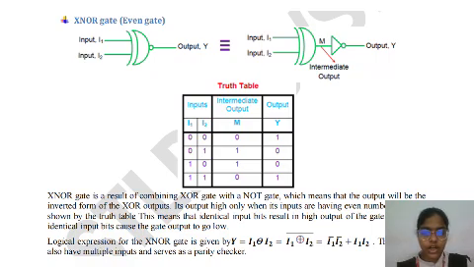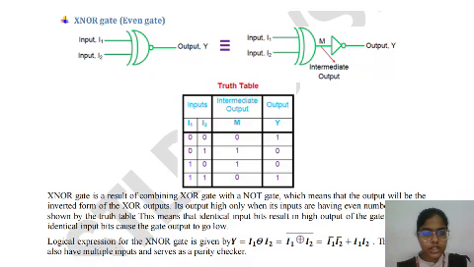Its output is high only when its inputs have an even number of 1s, as shown in the table. This means that identical input bits result in a high output of the gate, while non-identical input bits cause the output to go low.